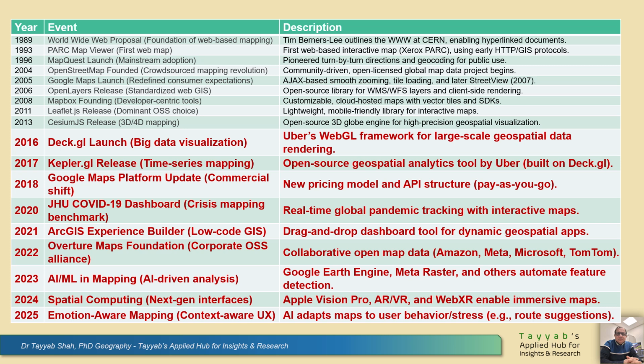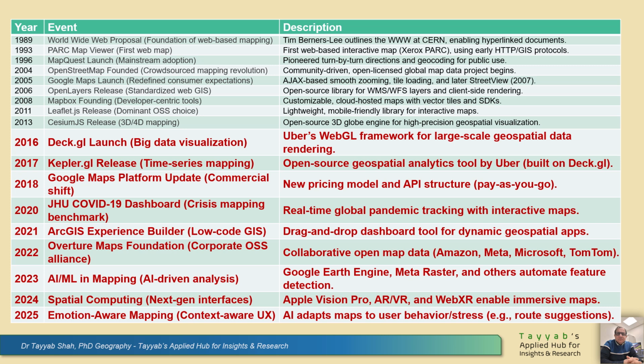In this table, you can see some of the latest information. In 2016, ArcGIS launched big data visualization, done with Uber's framework for large-scale geospatial data rendering. Google Maps platform had an update that converted it into a commercial shift. Then the Johns Hopkins University COVID-19 dashboard, a real-time global pandemic tracker with interactive maps, set a new trend in dashboards.